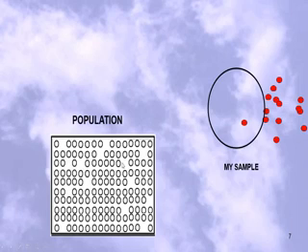Like this lane, 1, 2, 3 members are selected. However, from this lane, only one member is selected. And from this lane, the last one, no one is selected. And from the fourth lane also, no one is selected. So that means some lanes are overrepresented, some lanes are adequately represented, and some are not represented at all. So this is one issue.